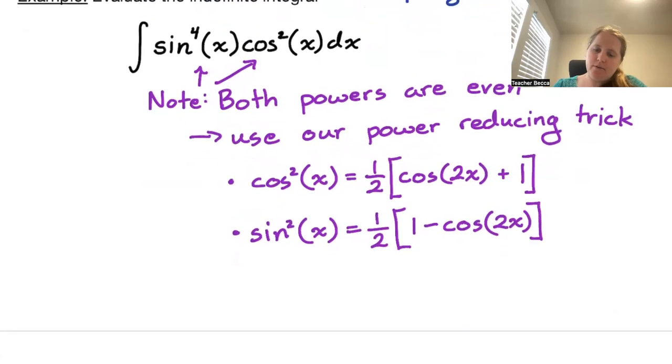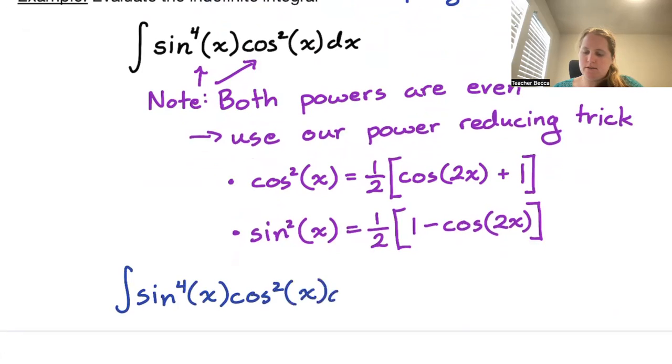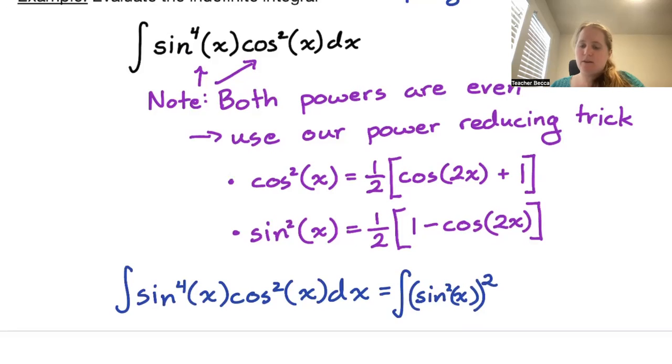So what we have then is our integral of sine to the 4th x cosine squared x dx is equal to the integral of sine squared of x, then that whole sine squared to get us to sine to the 4th, then times cosine squared of x dx.